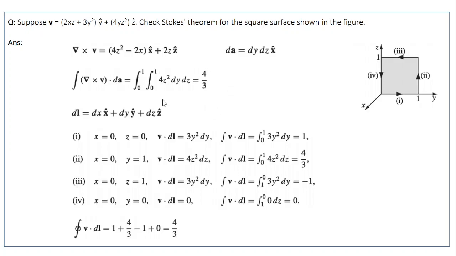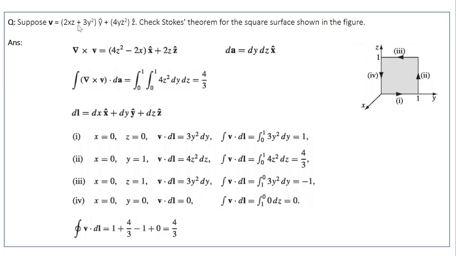Now you have to calculate the closed line integral. So the square has 4 sides, so you need to calculate the line integral for each of the sides. So as always, the line element dl is dx x cap plus dy y cap plus dz z cap. Let's choose the first side. So here x equal to 0, z equal to 0.